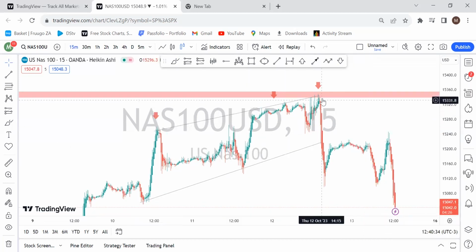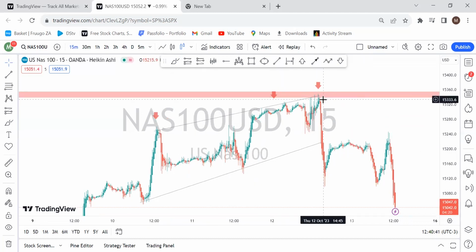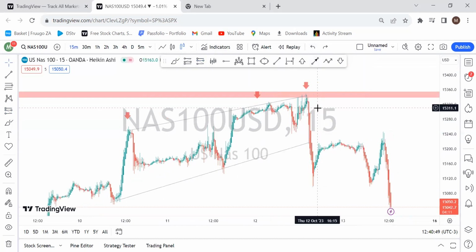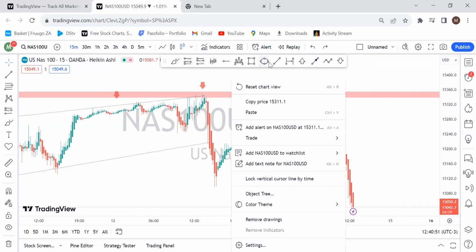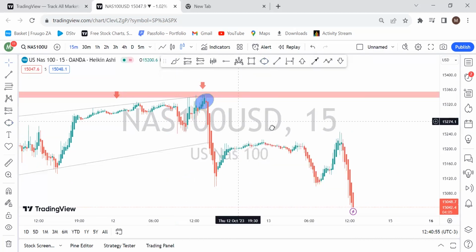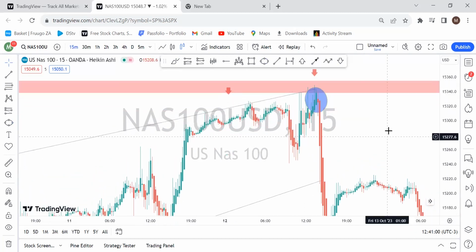So with this reversal correction, if you wanted to enter at the very peak of it, like right there to a sell, what you would have considered is how the price is behaving at the third touch, because you know third touch has the highest probability in your correction.